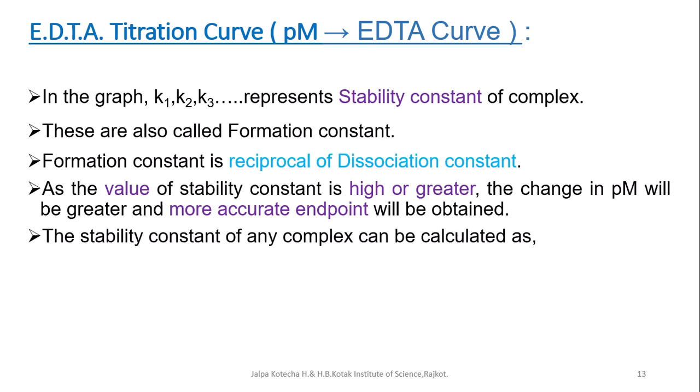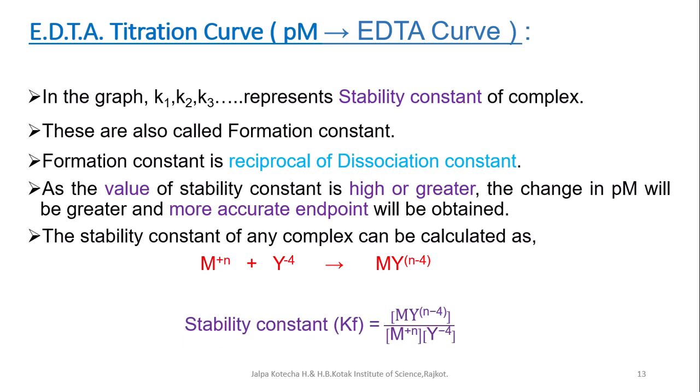The stability constant can be calculated based on the equation that we have. The stability constant Kf will be equal to the ratio of the concentration of the metal EDTA, that is the product, to the concentration of the reactants taken.